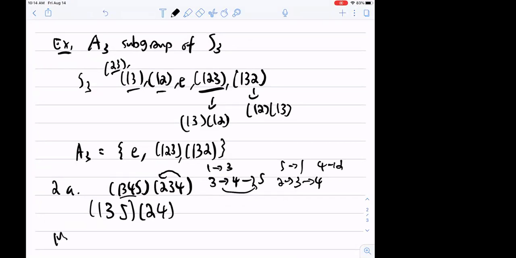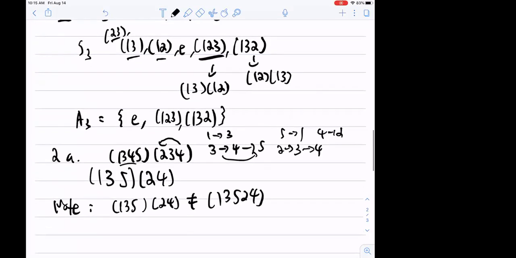Note, someone asked this last time: you can't combine cycles. These are not equal. The parentheses matter. Do not just combine cycles like that. That's not how things work. Can you hear me?